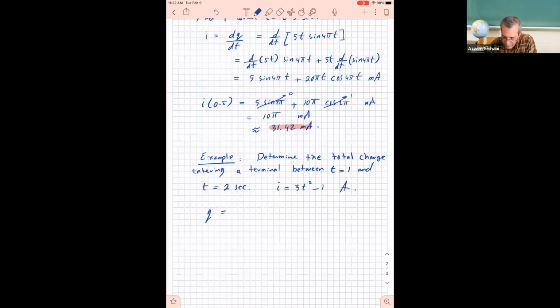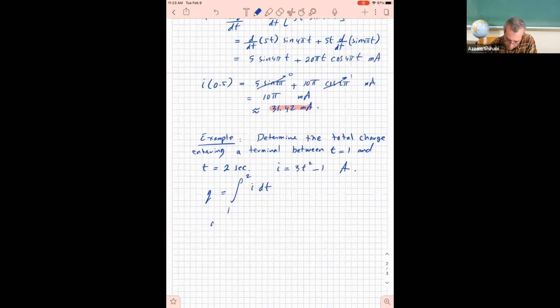Now, the limits of our integration is from 1 to 2, because we want to find the total charge going into that element within a specific period of time, within this period from 1 second to 2. So the integral from 1 to 2 of I dt.